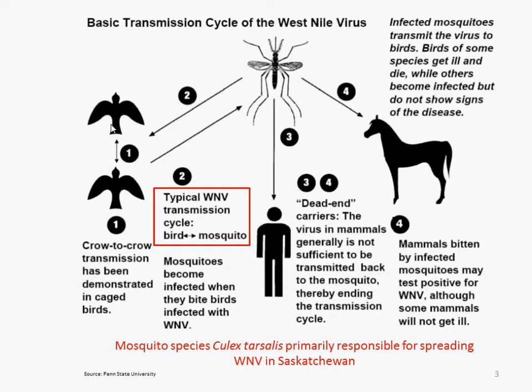So this virus circulates between mosquitoes and birds, and mosquitoes catch it from birds, birds can catch it from mosquitoes, and then there may be some transmission going on within each population, independent of biting of the others. So there's this kind of reservoir that builds up in birds.